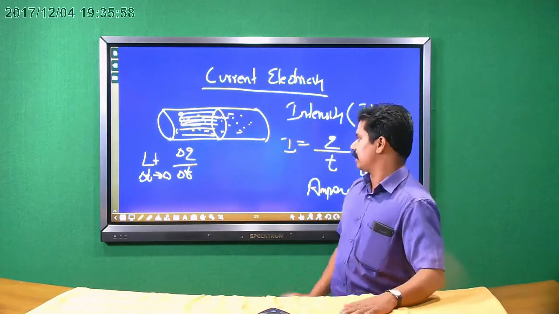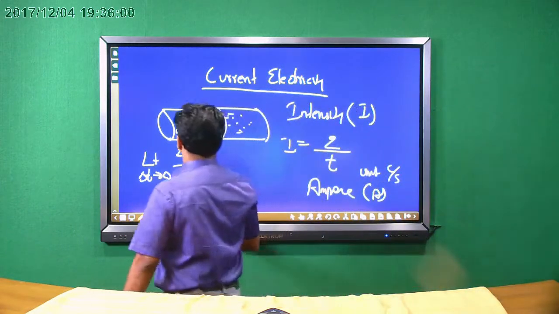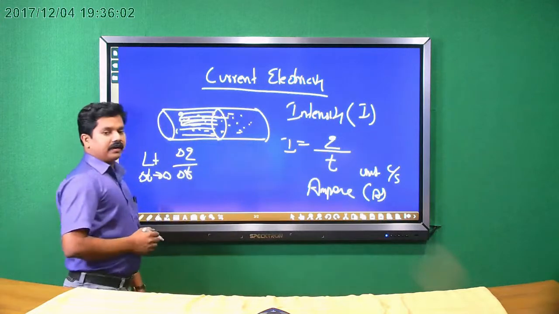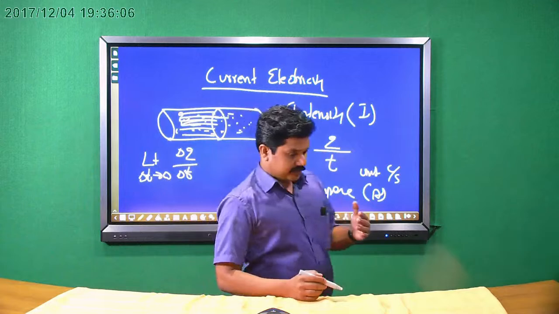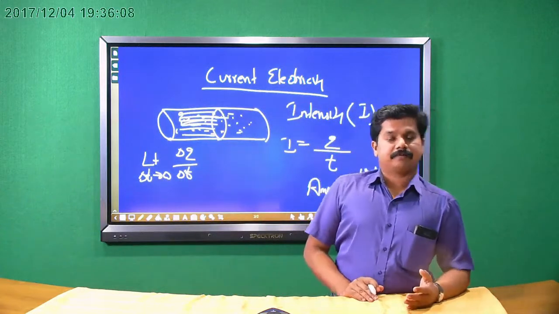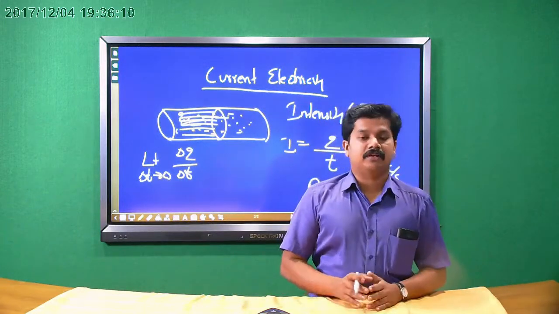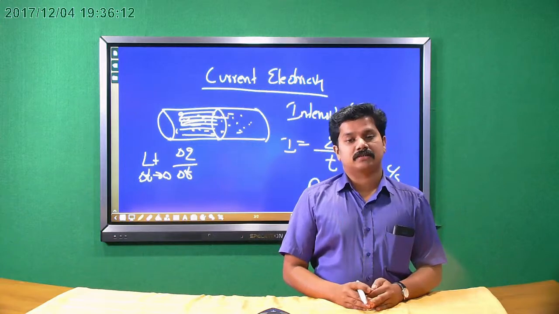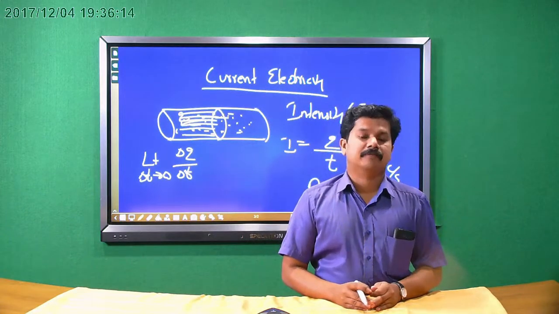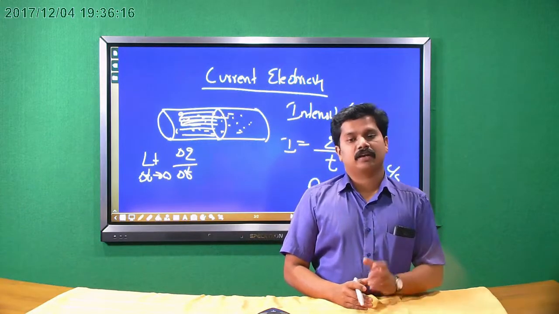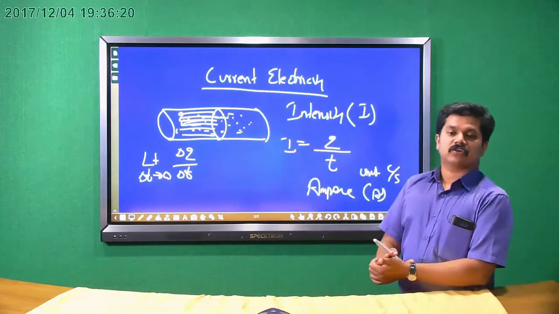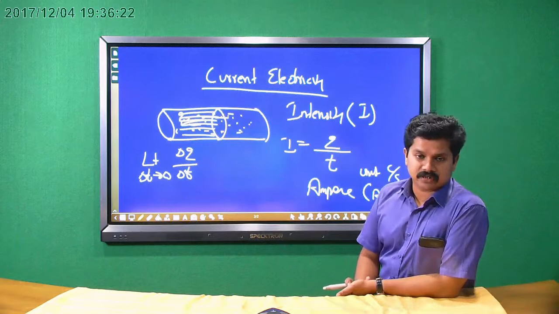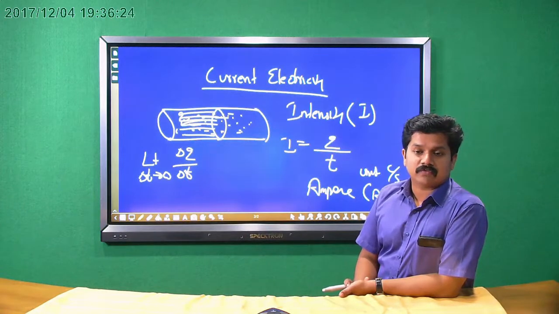The instantaneous current at any time T will be equal to the limit delta T tends to 0, delta Q by delta T. So the intensity of electric current through the conductor is the total amount of the charge flowing through any cross section of the conductor in unit time. That is what is called intensity of the electric current.